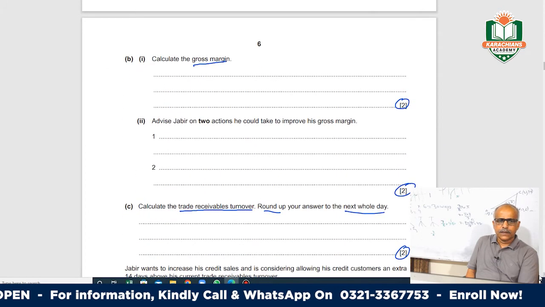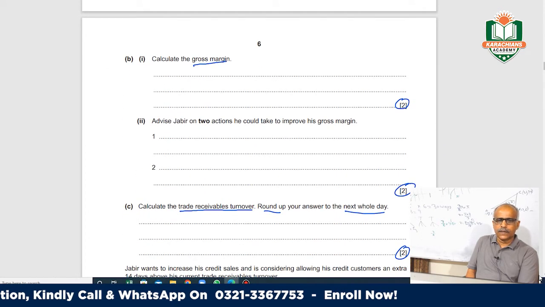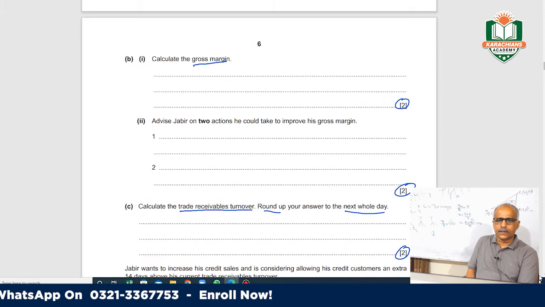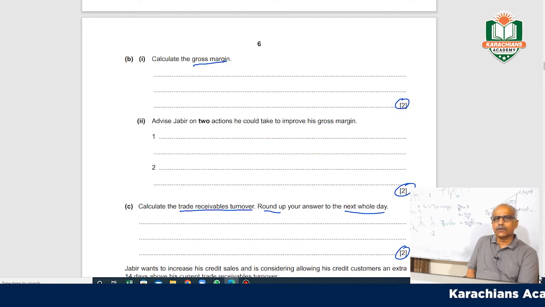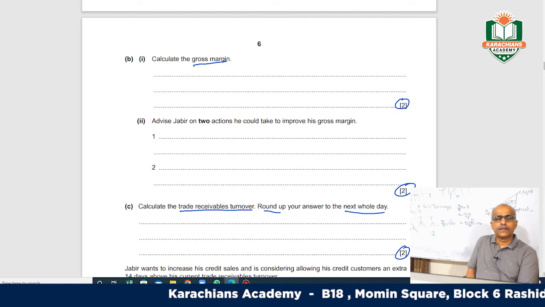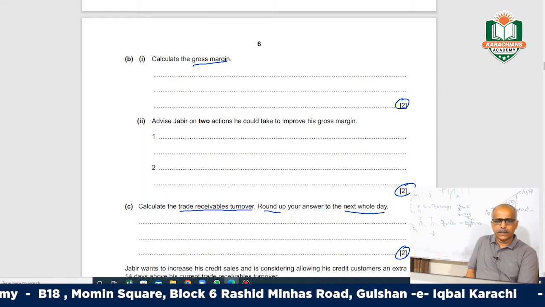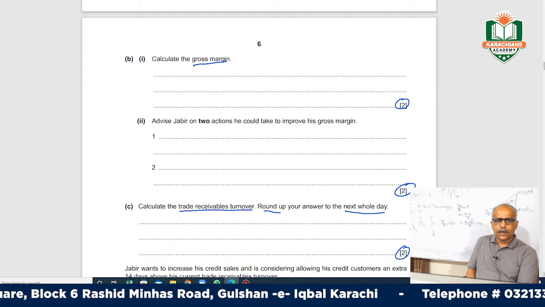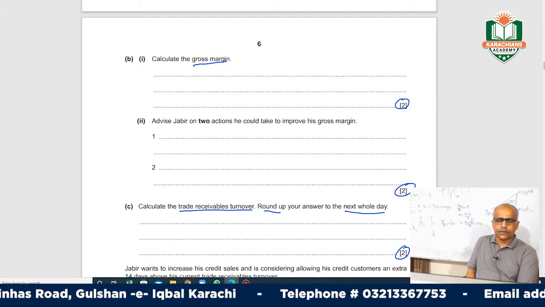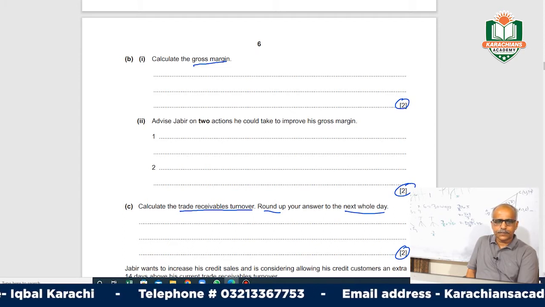Then C: advise Jabir on two actions he could take to improve his gross margin. You have to give suggestions on how he can improve his gross margin. First we will see what gross margin is.